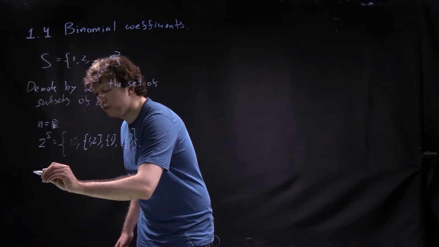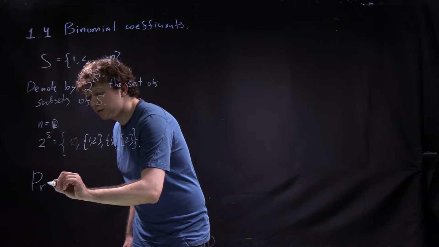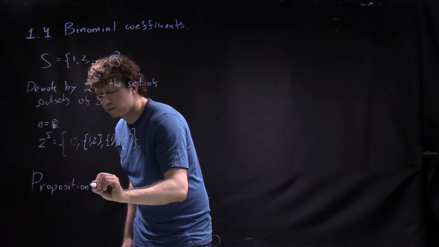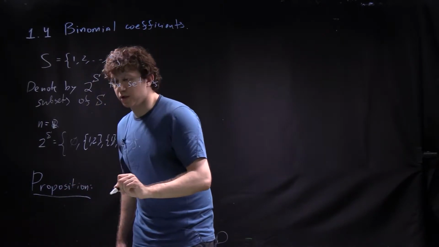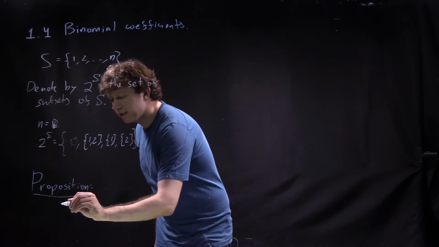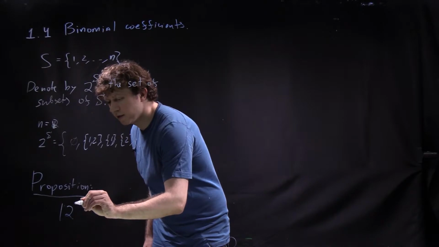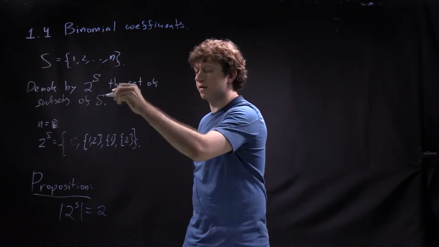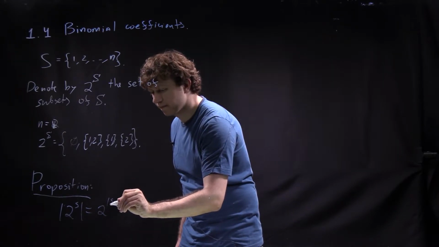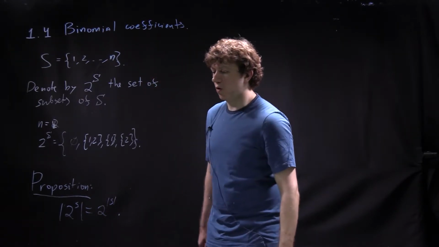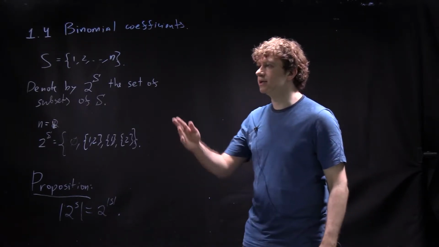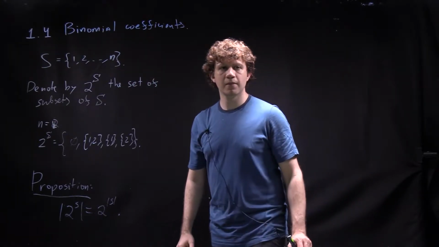This is a probably very well-known fact which I'm going to prove, the following proposition, which will look a little weird. The number of elements in the set of subsets is equal to 2 power the number of elements in S. So every set has 2 power n subsets, where n is the corresponding number.